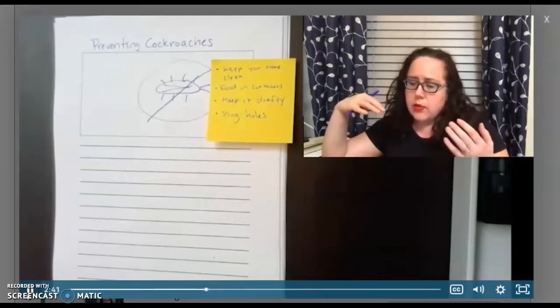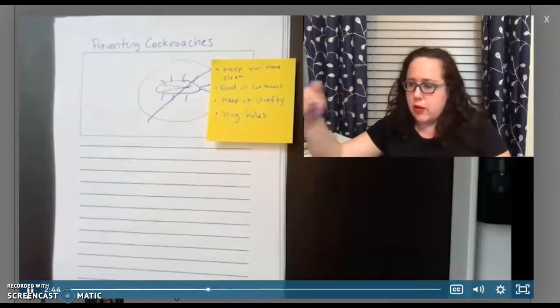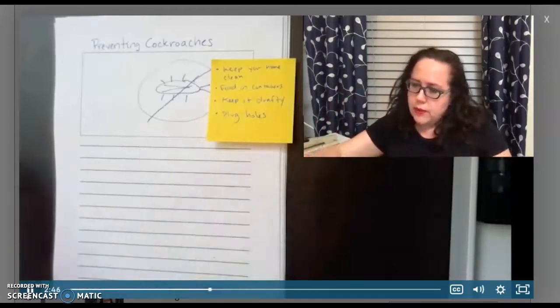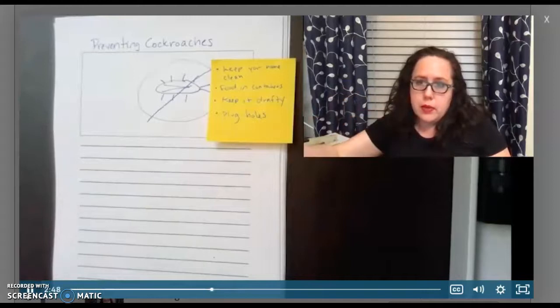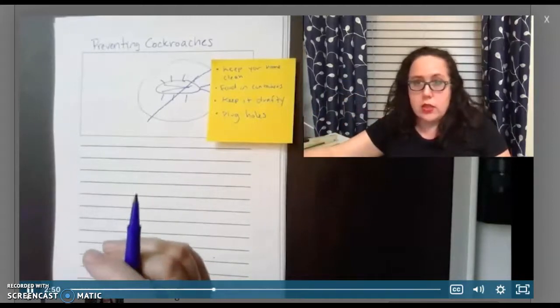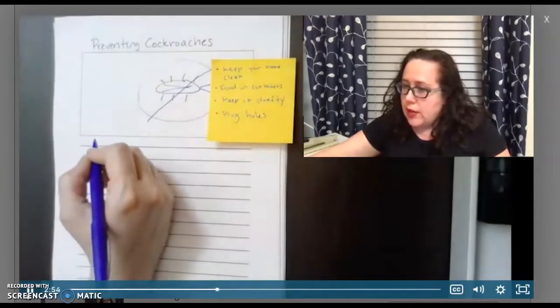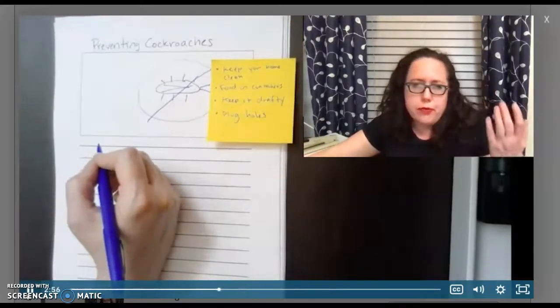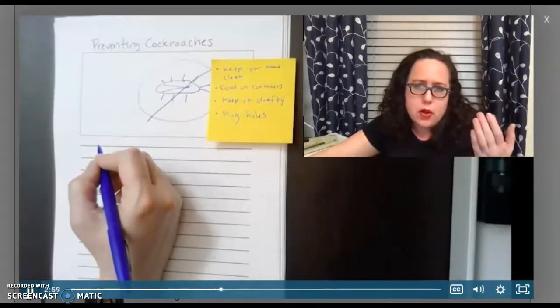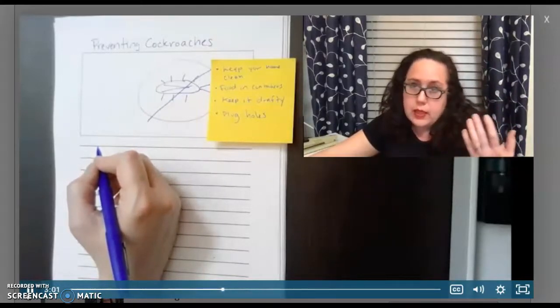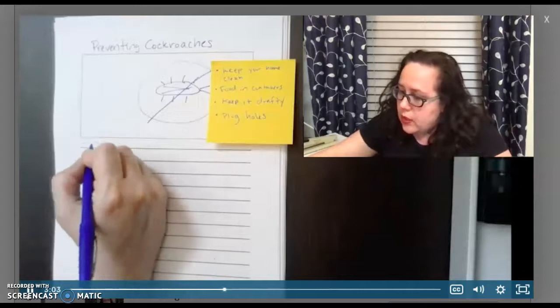And I also want to think about connecting each paragraph to each other. So the previous chapter was about getting rid of cockroaches using natural methods. And so now I'm going to start referring to how the last few chapters have all been about getting rid of them.